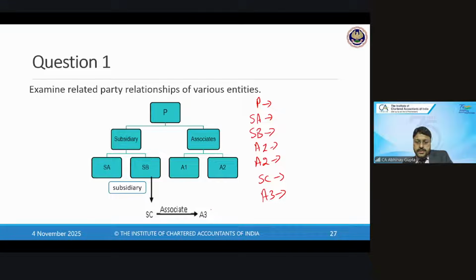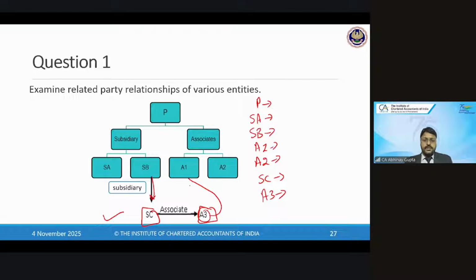A3 is the associate of a subsidiary of a subsidiary. So the chain is broken at the subsidiary of subsidiary level. For a subsidiary's associate, A3 is not related to the upward chain.